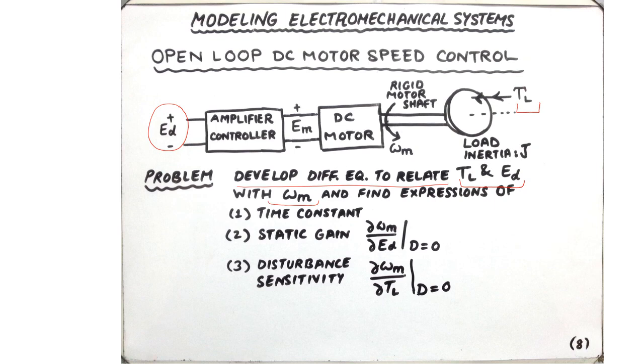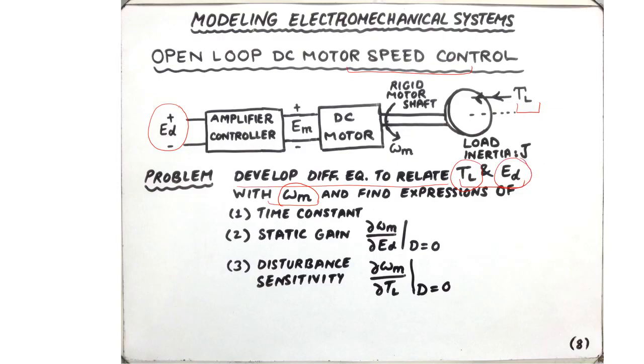That's because it is a motor speed control problem. You can call this speed or you can call this angular velocity. Both terms are essentially interchangeable. So we are going to relate the speed of the motor with the two inputs, disturbance torque and the supply voltage, ED.